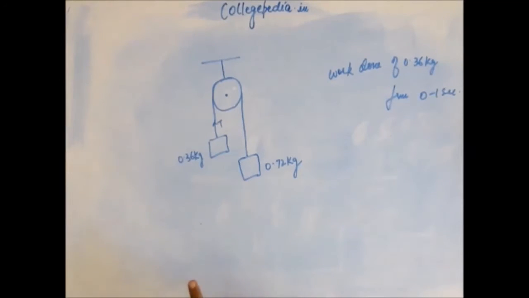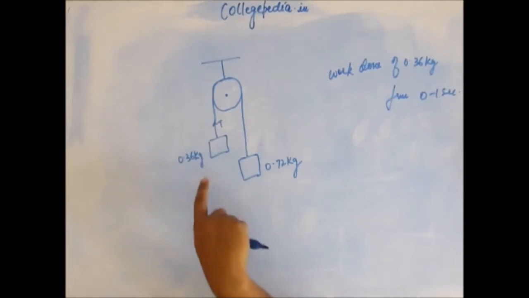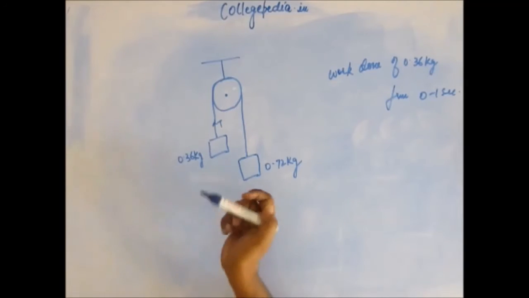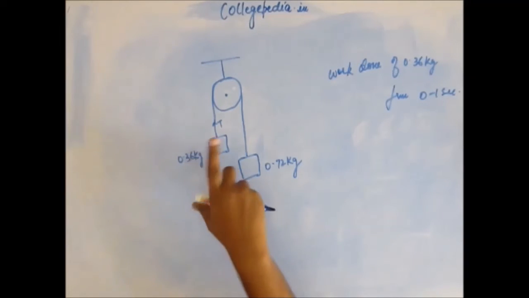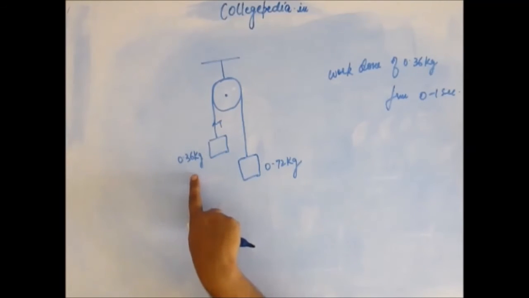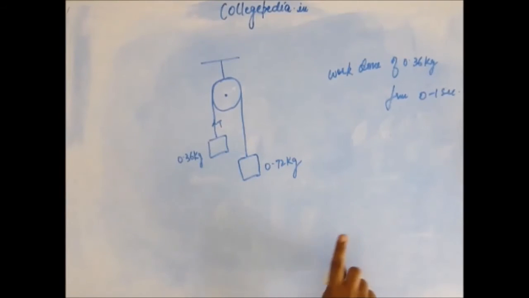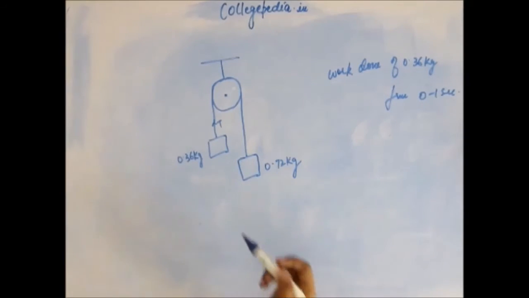So the work done on 0.36 kg will actually be the work done by this tension in pulling this up, because this tension is the force which will pull this up. This being lighter will go up, the heavier one will come down. So what we have to do is find the tension and find the displacement of this 0.36 kg mass in the first second and multiply them. That will be the answer, because force is going to remain constant. So it will be a simple multiplication after we find both.